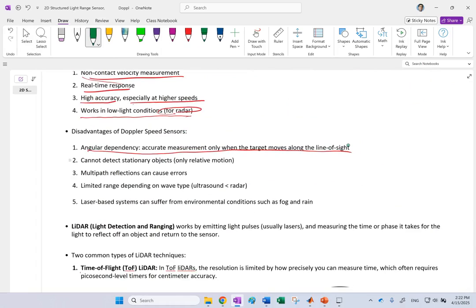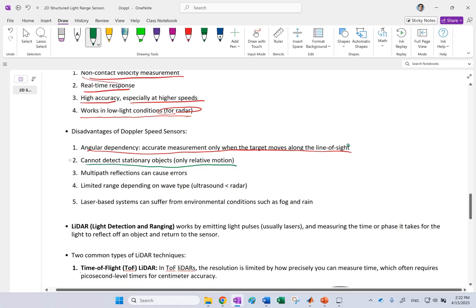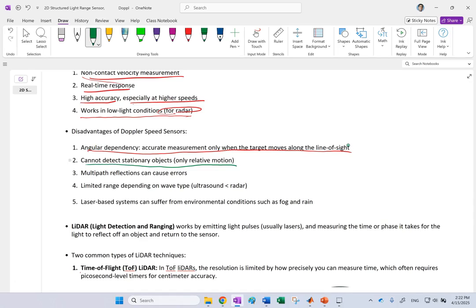Of course, they depend on the source of the wave or the object to move. So if they are both stationary with respect to each other, then they cannot be used. Okay? That's one thing. And of course, the goal of these is not to detect objects. The goal of them is to calculate the speed of moving objects.